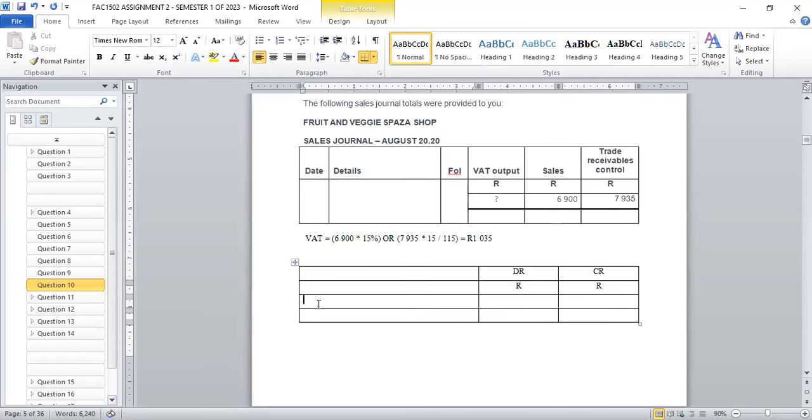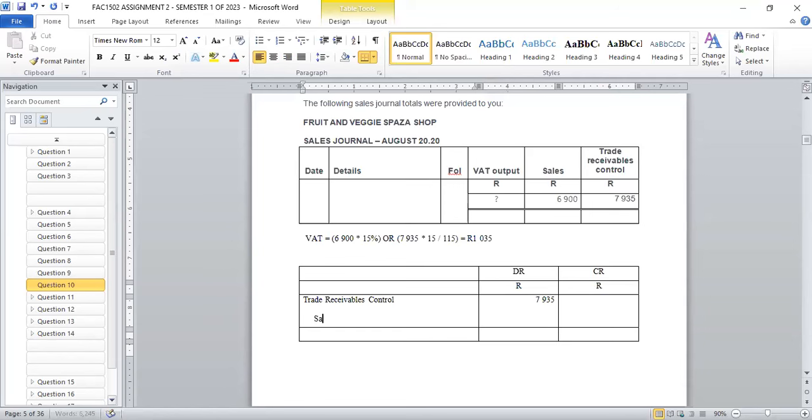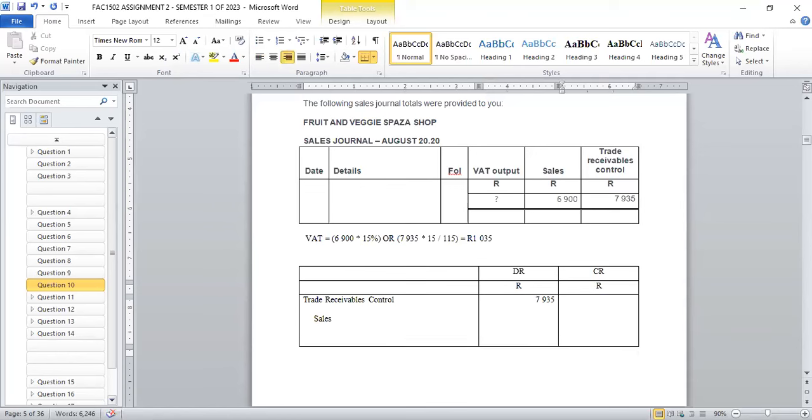We'll debit our trade receivables control. I think we did this double entry. When you have credit sales, your asset trade receivables will increase. So that will be 7,935. Then we credit. Please, you are required to start with the sales first. Don't start with the VAT on the credit side. So it will be the sales, 6,900.